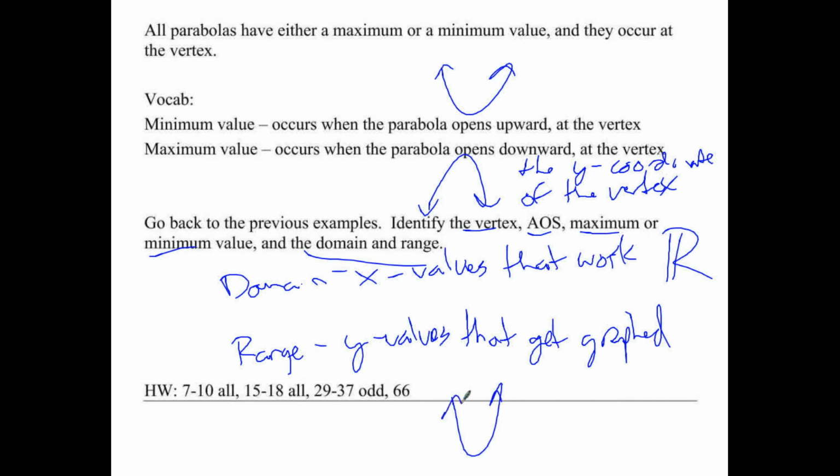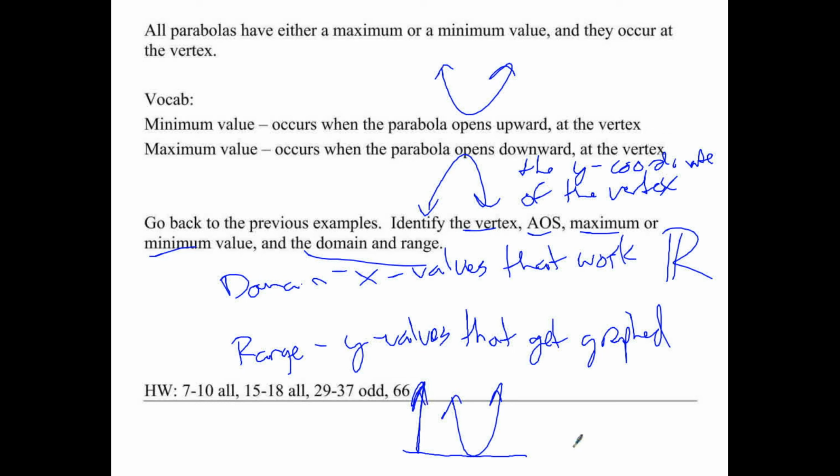If the parabola opens up, then there's going to be some y value that starts the getting graphed part, and then every y value above that is going to get graphed. The lowest y value and higher is getting graphed if the parabola opens up.